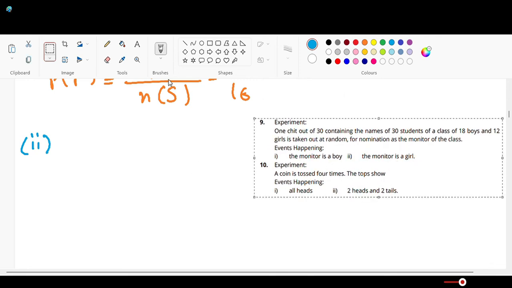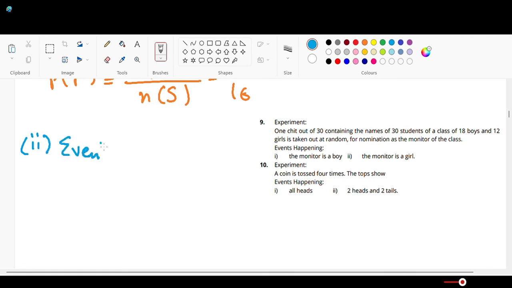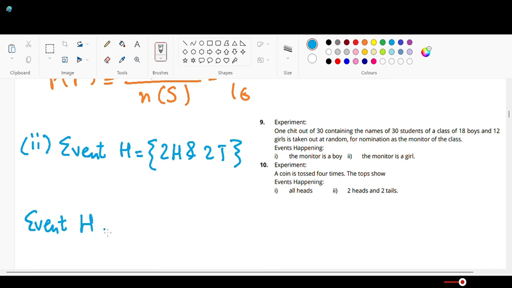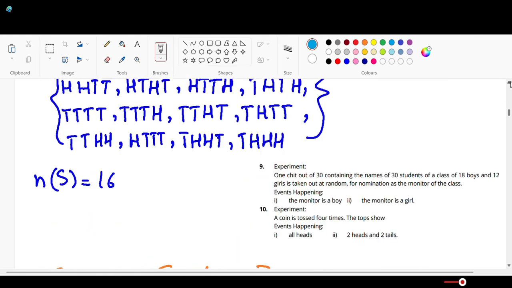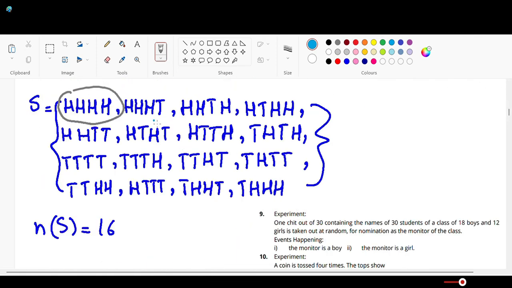So what is the possibility that we get 2 heads and 2 tails? It didn't say which order, so that means, let's name it event H is equal to 2 heads and 2 tails, so I'm going to write 2H, 2T, and then event H. What are the different combinations, you could say, that we can get that have both 2 H's and 2 T's.